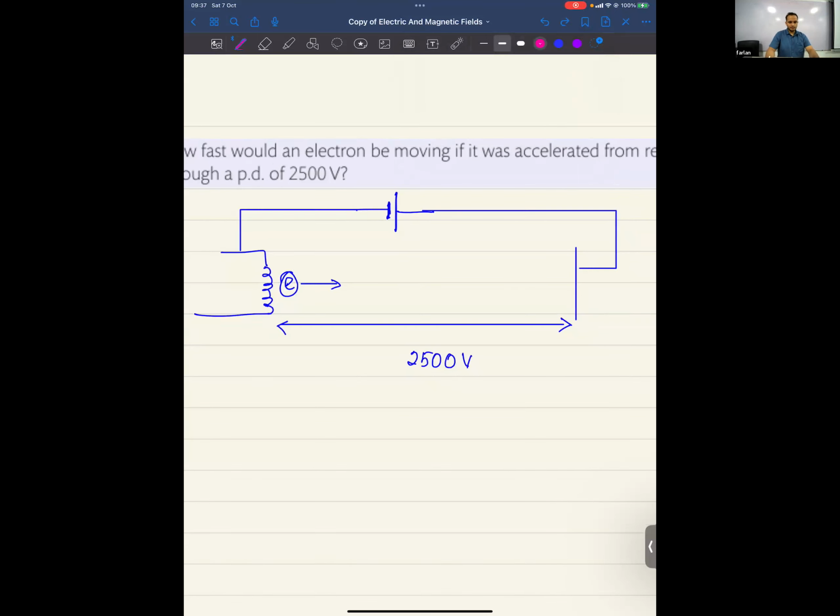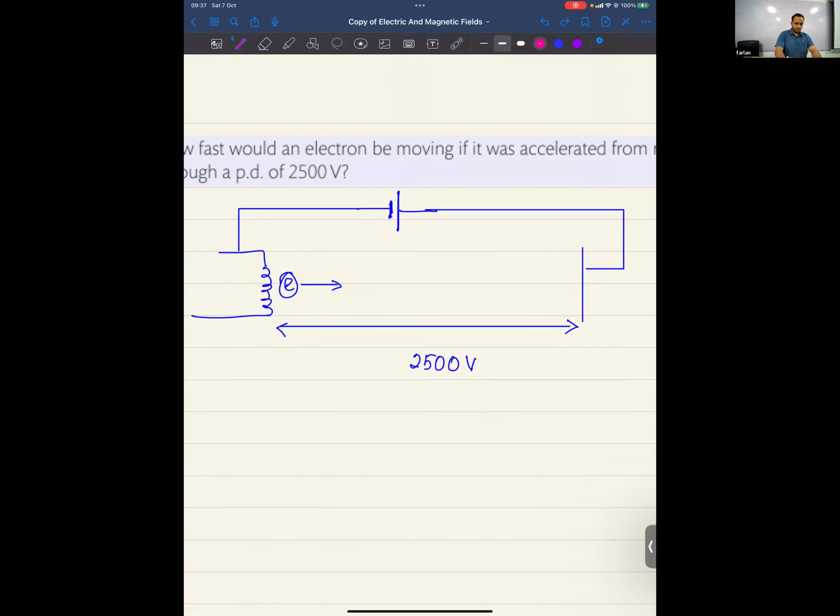Now, this is the idea of the cathode ray. Here, this is the positive terminal. This is the negative terminal. You can see the positive terminal of the battery is connected to this plate, and the negative terminal is connected to the metal filament. So this metal filament is at a negative voltage. This side is at a positive voltage. Electrons are positive, right? Electrons are negative. Very good.